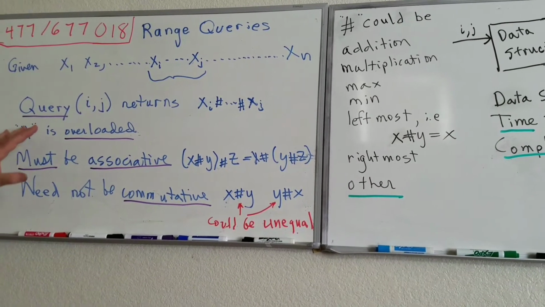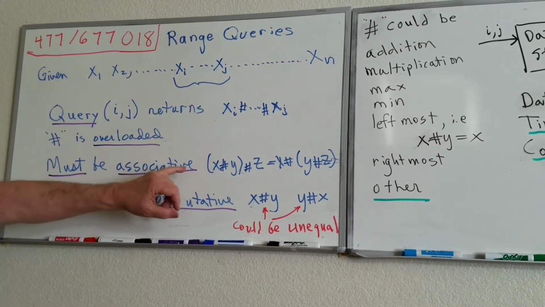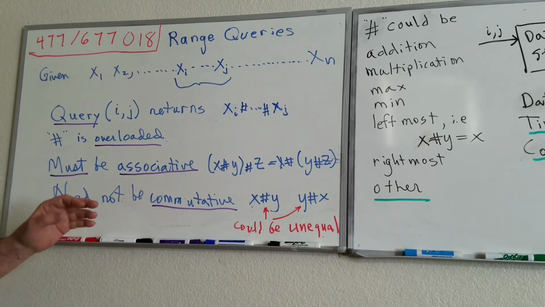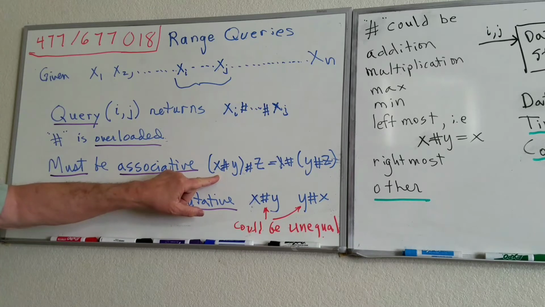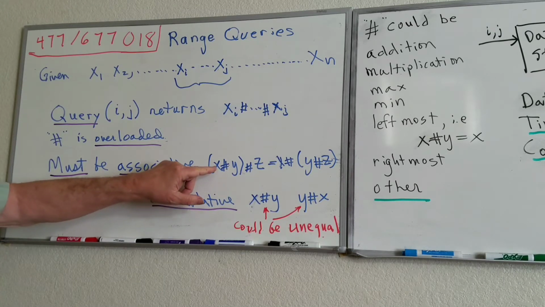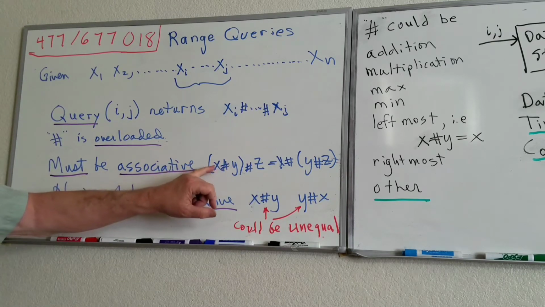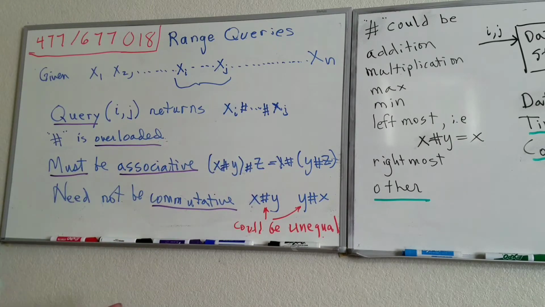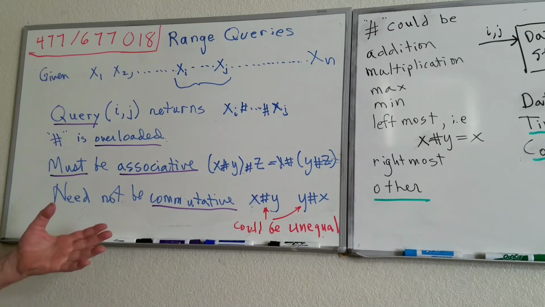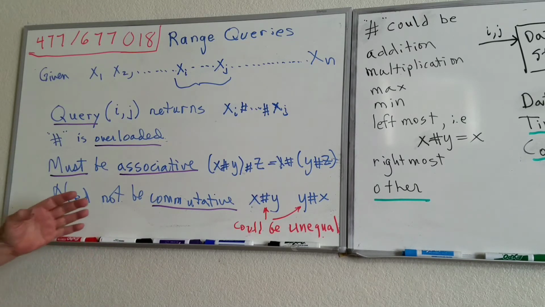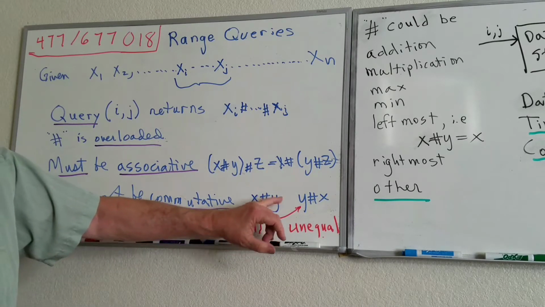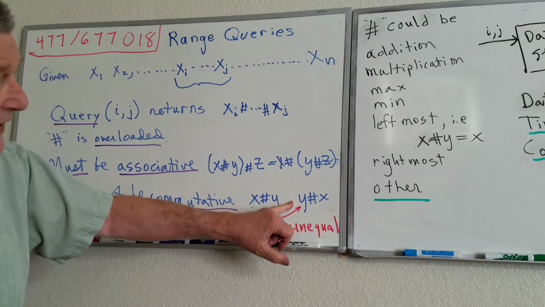Now, this operator sharp has to satisfy the associative law. So x sharp y sharp z has to be the same no matter where I put the parentheses. So we, of course, will not use parentheses since they don't matter. But it does not have to be commutative. So x sharp y does not have to equal y sharp x.